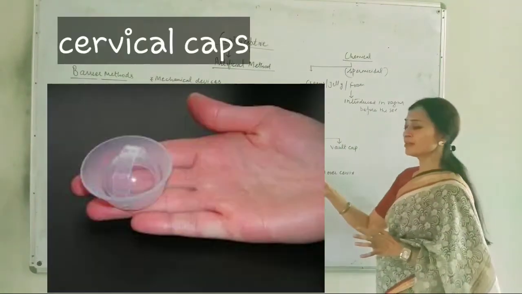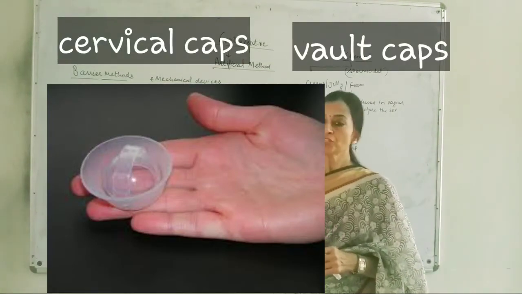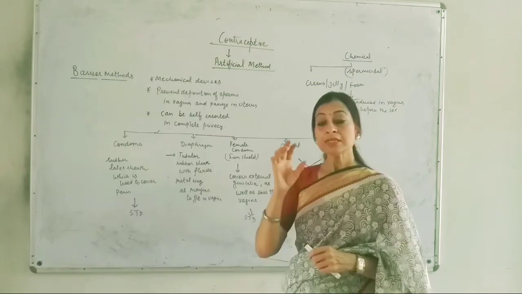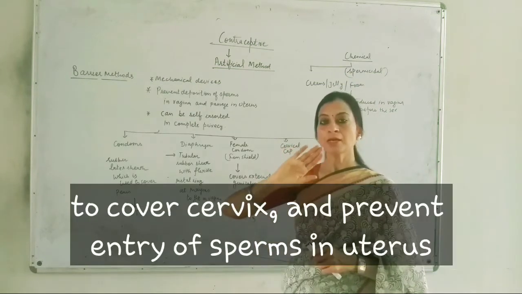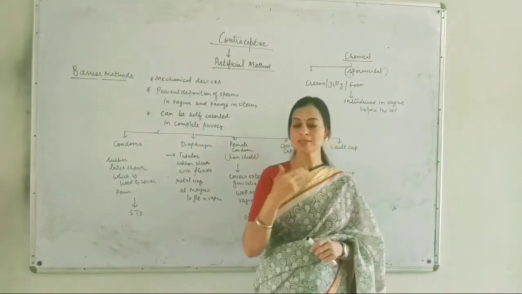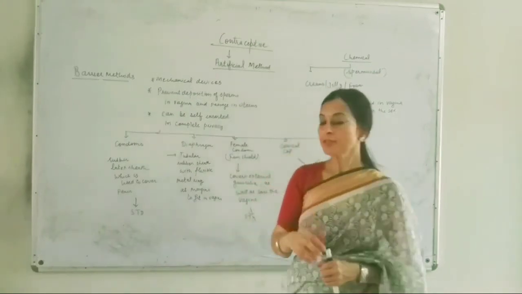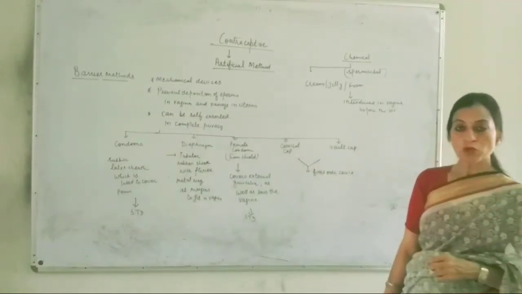Then there are the cervical cap and vault cap. These are cap-like structures fitted in the cervix region, so the opening of the cervix towards the vagina is covered by these caps.